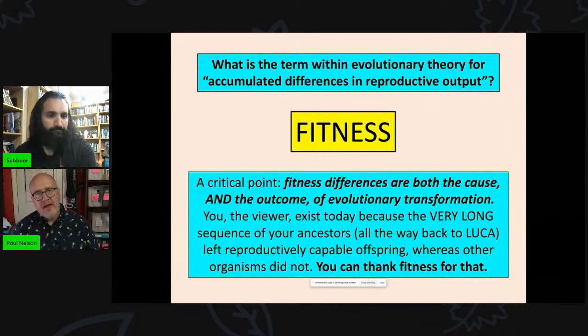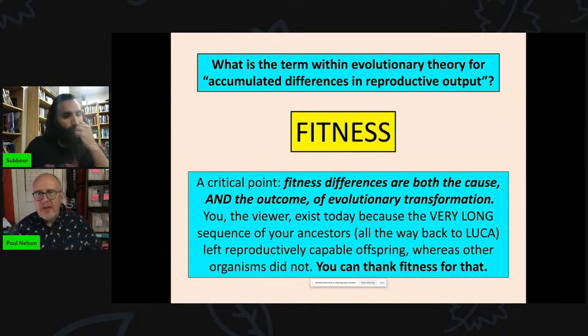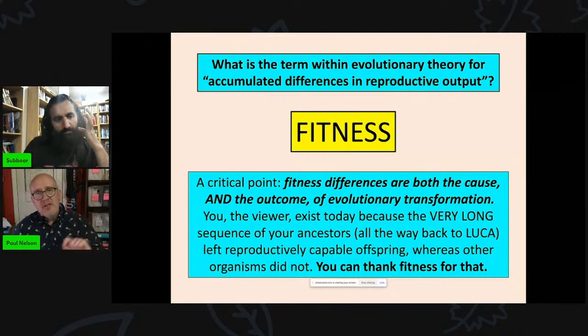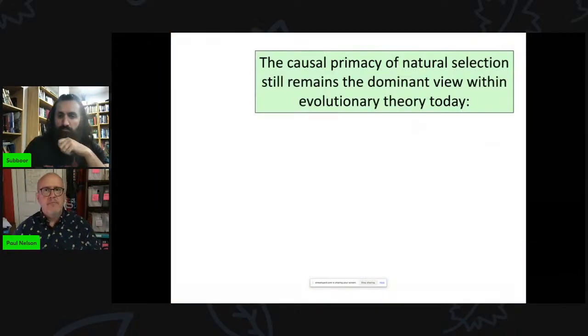Organisms that didn't do that either went extinct or simply failed to leave reproductively capable offspring, and their lineages died out. The lineage that reached you, the viewer, didn't die out. That's why you're here. So this is a core notion in evolutionary explanation: accumulated differences in reproductive output.